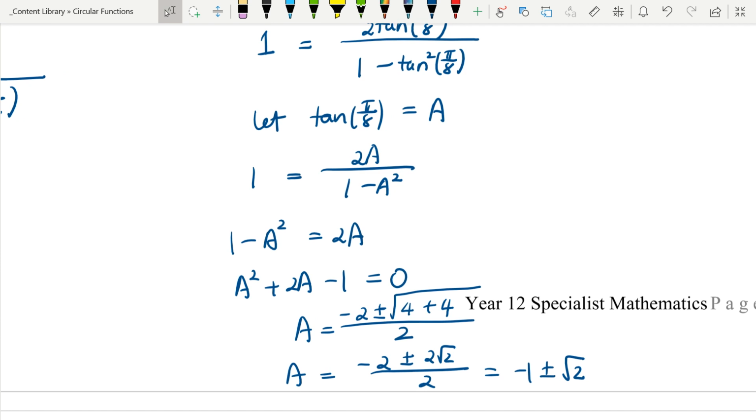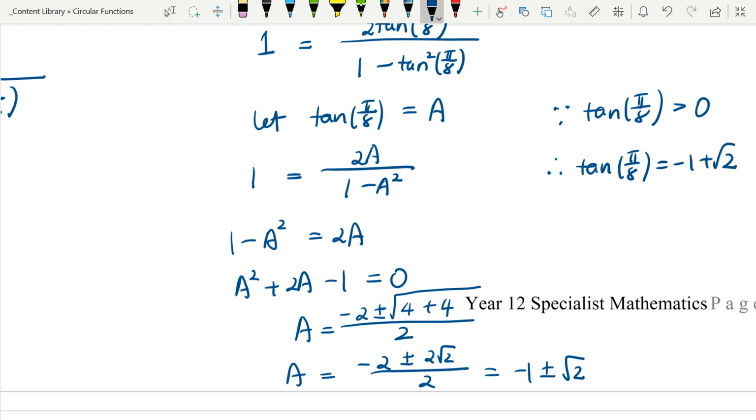Which one should we take? The positive one. The argument you make is that pi on 8 is in the first quadrant, so the value must be greater than 0. So tangent pi on 8 equals minus 1 plus root 2.